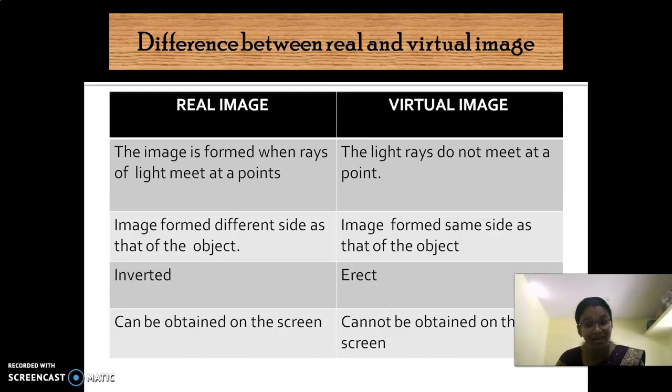But in virtual image, both the image and the object are on the same side. The real image will be inverted, but the virtual image will be erect. Real can be obtained on a screen, whereas virtual cannot.